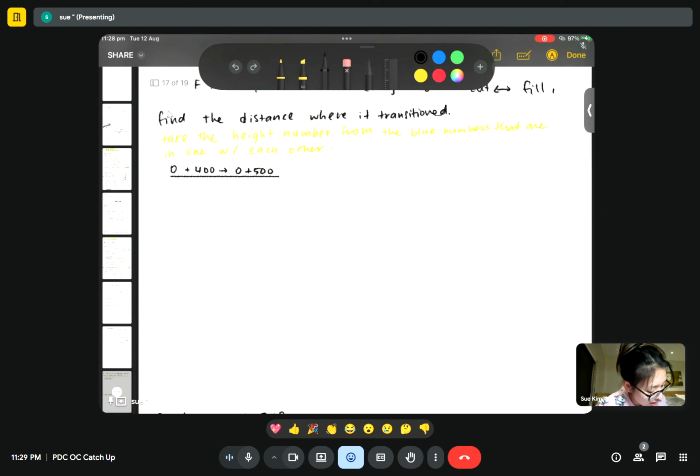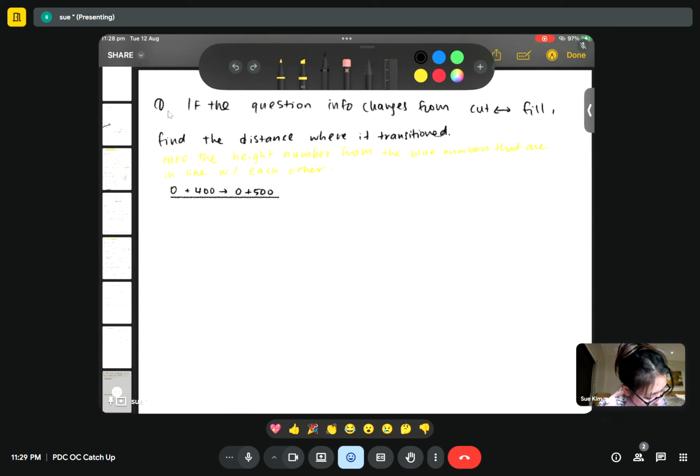So how to do this, all I have to do is draw these 2 triangles like this. So this is the cut value, the fill, and I'm basically drawing, this point represents the 400 meter chainage, and this part represents the 500 meter chainage.